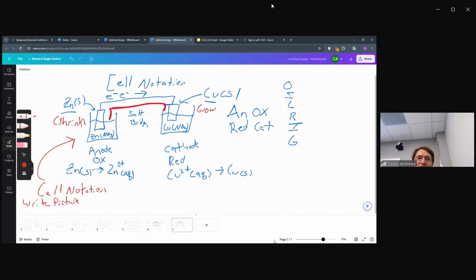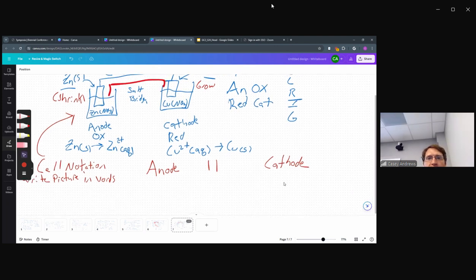I need to write it down. And the notation will be your anode, salt bridge, cathode. So your anode's always on the left.